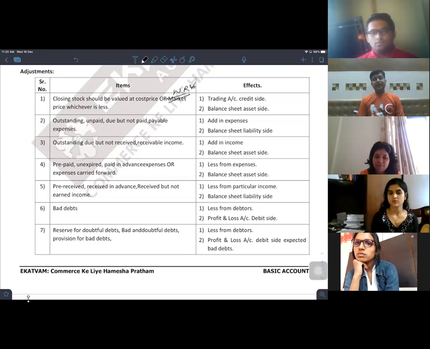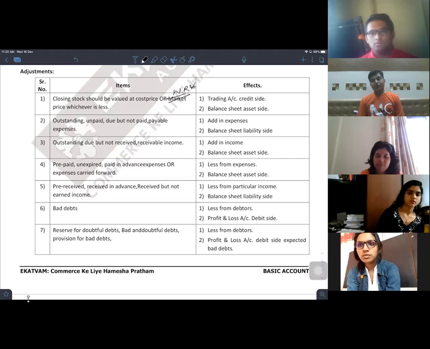But if you are anticipating an income or gain, you should ignore it for the time being till the time it arises. तो मान लो मैंने 50,000 के गुड्स खरीदे और उसकी आज की मार्केट वैल्यू जो है, आज अगर मैं वो मार्केट में बेचने जाऊंगा तो मुझे उसका 80,000 मिलेगा. तो इन दैट केस माय कॉस्ट इज लेसर. अगर मैं उस क्लोजिंग स्टॉक को 80,000 पे वैल्यू कर दूं तो in that case it will unnecessarily be increasing my profit, which is an unrealized profit, which is an anticipated profit.